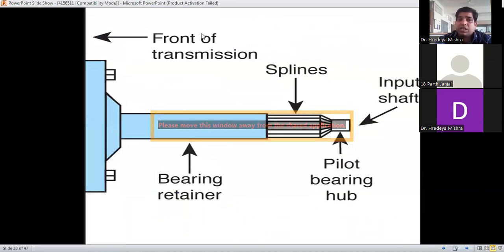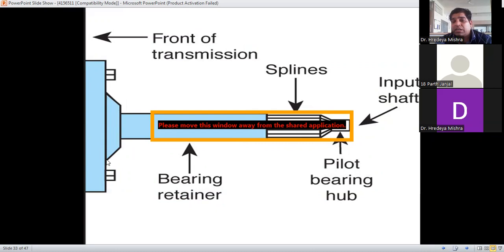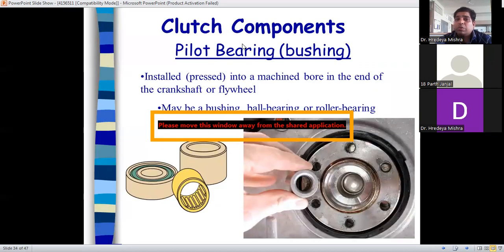Okay, see the block diagram of this. This is the front of the transmission system. Here is the spindle. This is your input, and pivot bearing hub is there, and bearing retainer is there. So you can see this side is from the transmission side.